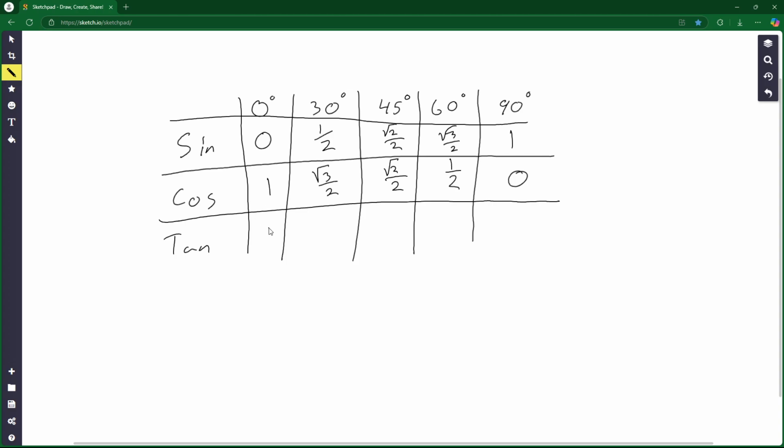And then finally for tangent, tangent is a little bit more weird about it. I believe it goes 0, 1 over 3. Whoa, hold on, I did that wrong. Give me just a second.